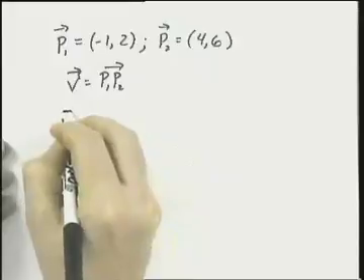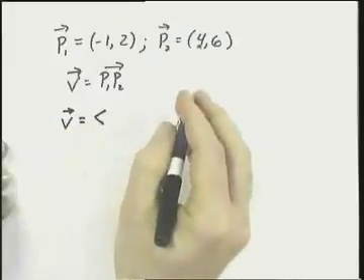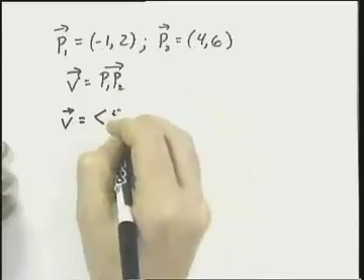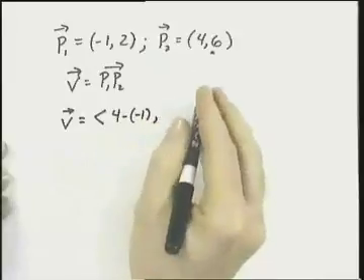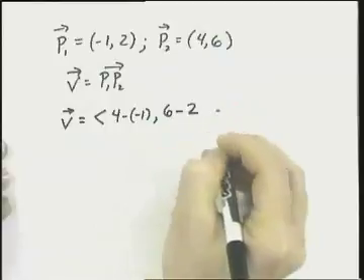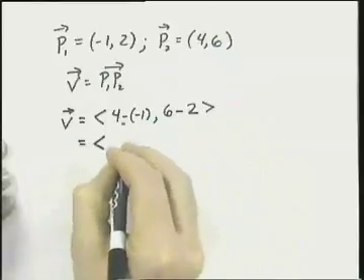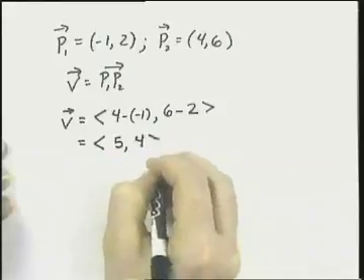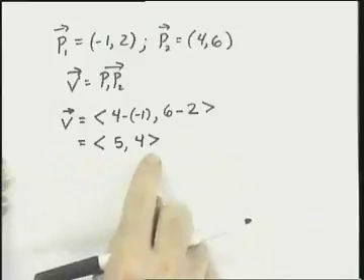To find the position vector v, we compute the difference between x2 and x1, so 4 minus negative 1, and then y2 minus y1. So 4 plus 1 is 5, 6 minus 2 is 4, so the position vector is 5, 4.